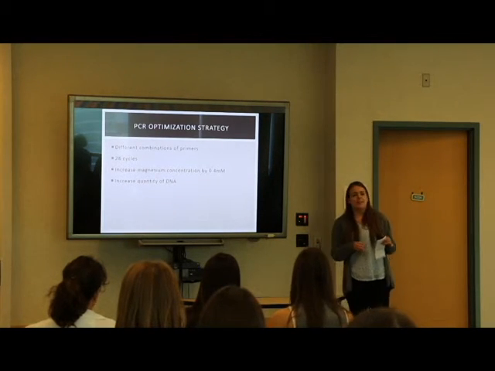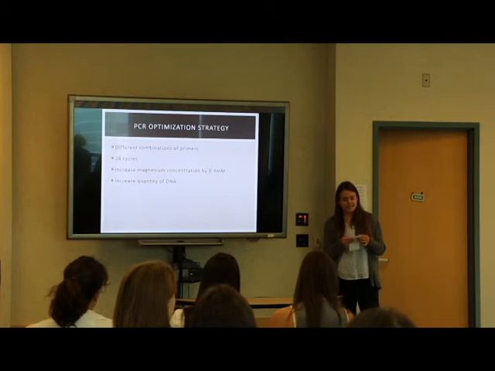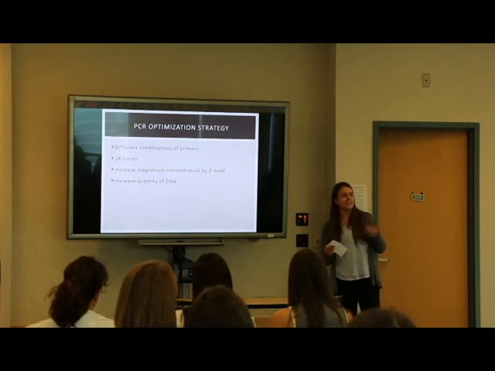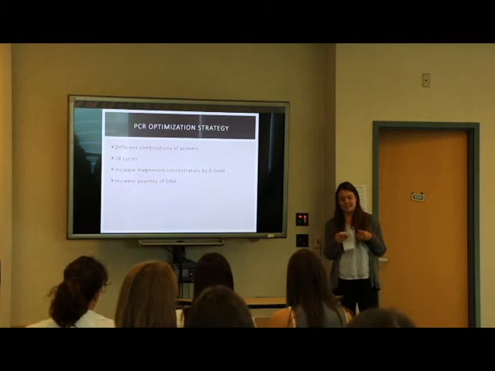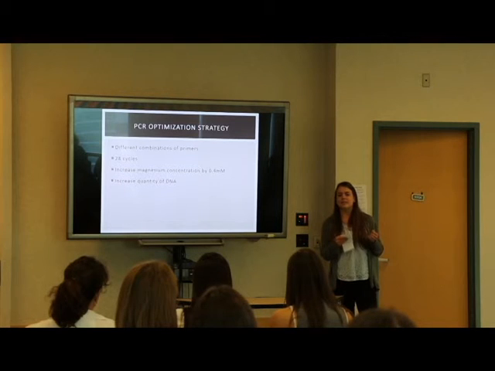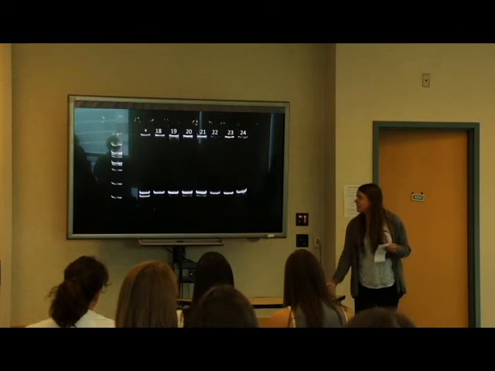So we did a lot of optimization with that. The techniques that seemed to work the best were decreasing the cycles, increasing the magnesium concentration to help stabilize, and increasing the quantity of DNA to provide more template for the PCR reaction.